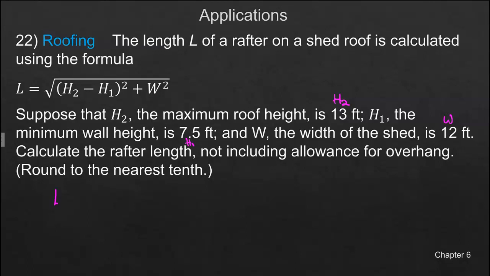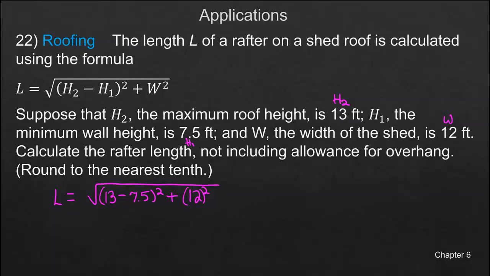So we just have to get our numbers in there correctly. We are going to have 13 minus 7.5, and we square that, and then add 12 squared. You can put that in parentheses also if you want to. Anytime you substitute, you really should.